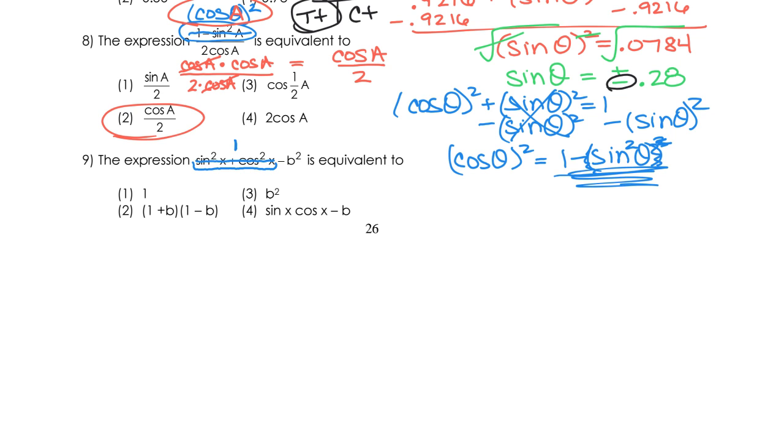When we replace that with 1, our new expression is 1 minus b squared. I'm not sure if you recognize this, but this is a difference of two perfect squares. If I were to factor it, it would factor into 1 plus b and 1 minus b, and that is choice 2.